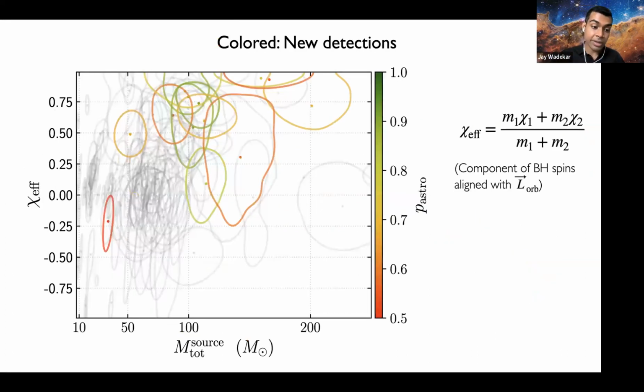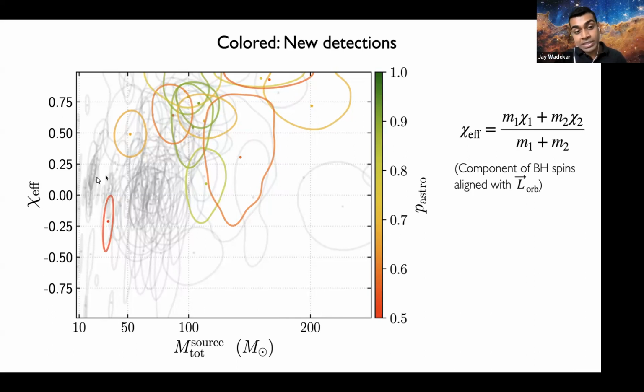Another portion of the parameter space which is typically interesting is the total mass of the binary compared to the chi effective. The chi effective is a parameter to represent the spins of the black holes. For example, chi effective is just the mass-weighted spins.